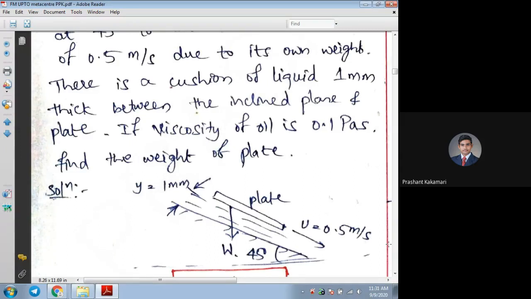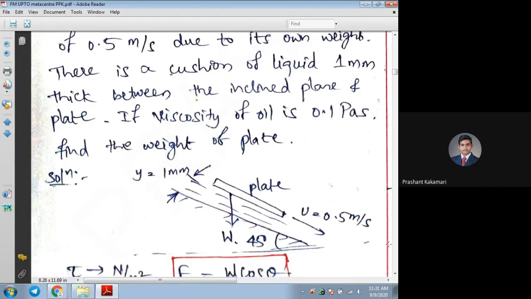And it's moving downside because weight always acts downside because of the gravitational force. In this problem, using the velocity, viscosity, distance between the plates, angle and area of the plate, one should find out the weight of the plate. That's all. Now for that, 45 degrees is given, with respect to adjacent and hypotenuse lines.